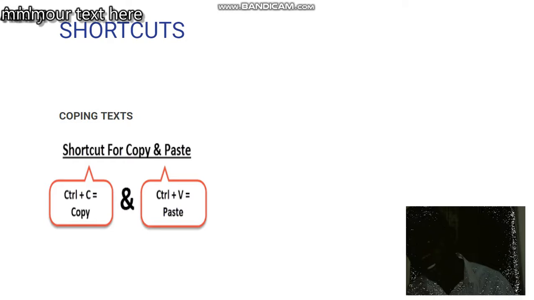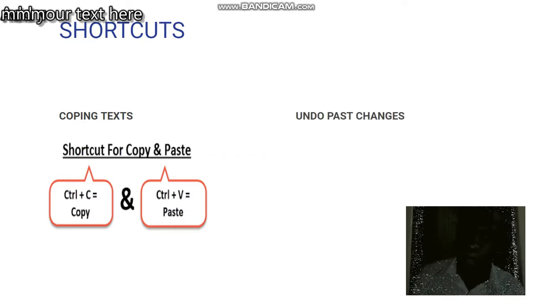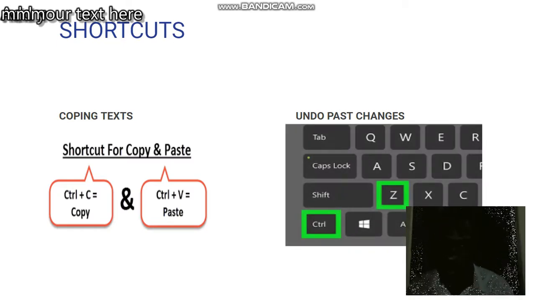If you want to paste that text, you just press Control and V. Then it will be done. If you want to undo past changes, for example you did something and want to undo it, just press Control Z and those changes will be undone. It's quite faster to use shortcuts in order to minimize time.